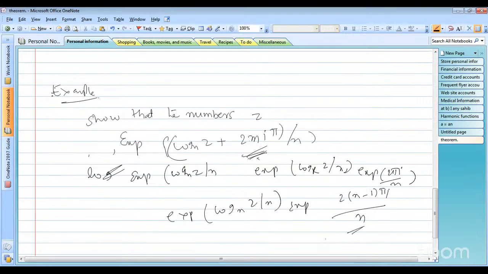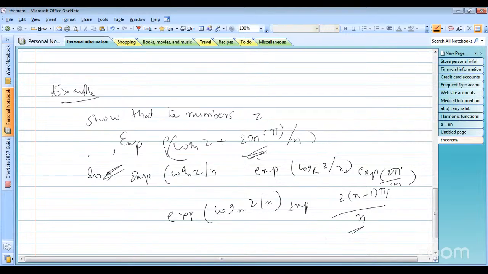But the exponential function of log r z by n is the particular nth root of z. That is the value of the nth roots we are taking here.